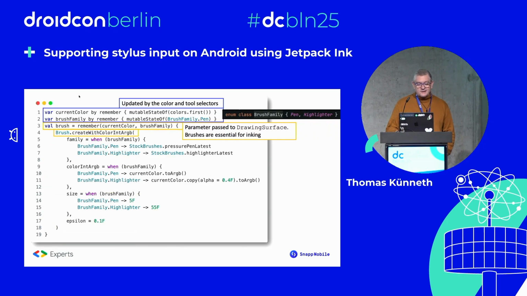As you can see, it is created by brush.create with color int a RGB. There are other ways to create a brush, but this is a pretty convenient one because it gets four important properties that are needed to create the brush. The most important one being the brush family. What I'm doing here is just mapping my enum states to one of two stock brushes, one being pressure pen latest and the other one being highlighter pen latest.